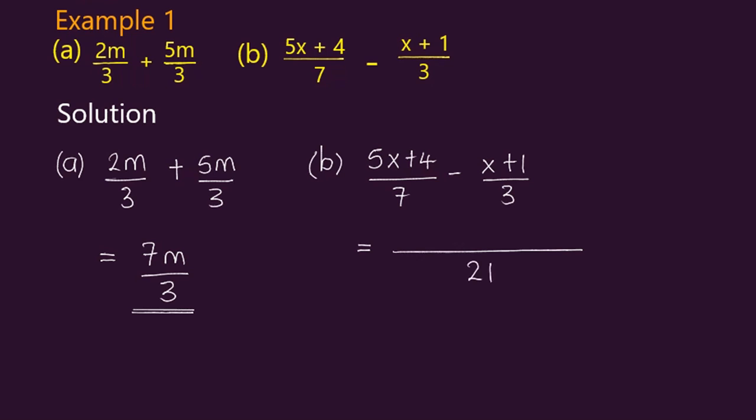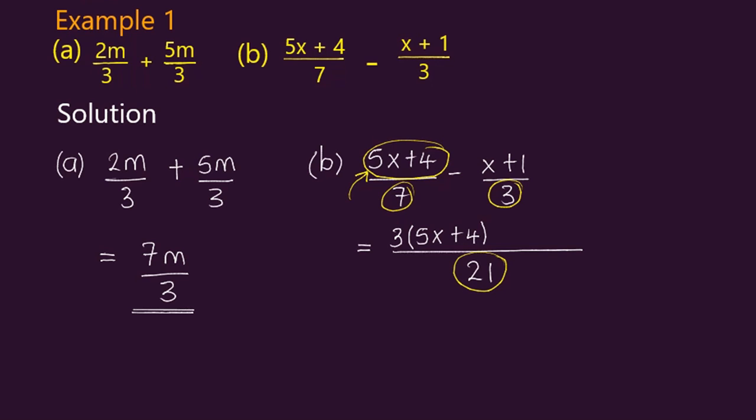21 is the LCM for 7 and 3, so if we divide 7 into 21, we get 3, and we multiply 3 by the numerator here, which is 5x plus 4, so we get 3 of (5x plus 4). We do the same: we divide 3 into 21 and we get 7.